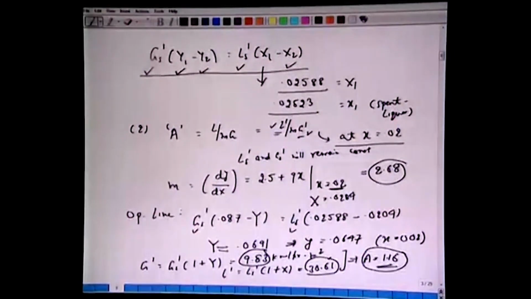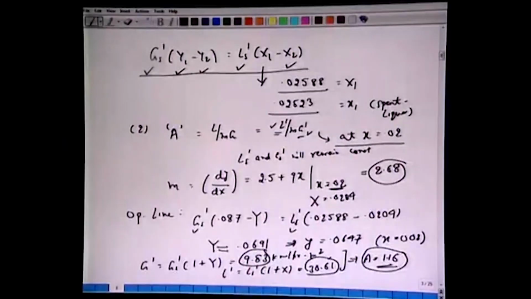So here we can conclude from this example that the absorption factor changes along the absorption column. Why? Because even if we have a linear curve, where slope m may be constant, here of course it varies, but in those cases where the slope changes, it is possible that L prime over G prime, or L over G, will change along the length, because the liquid flow rate changes and the gaseous flow rate changes, so there is mass transfer, and not necessarily will the L by G ratios remain the same.